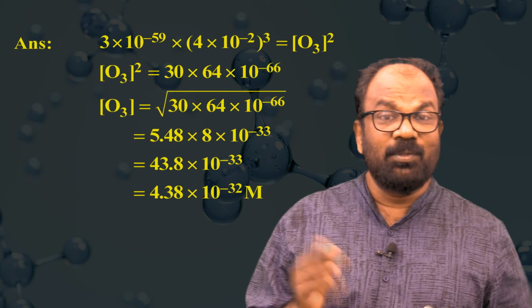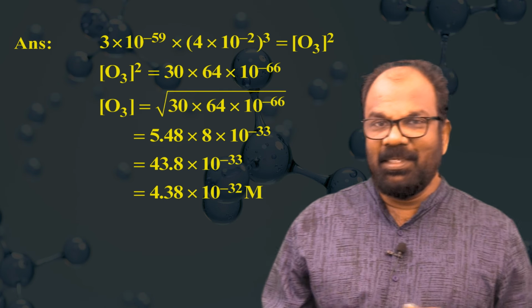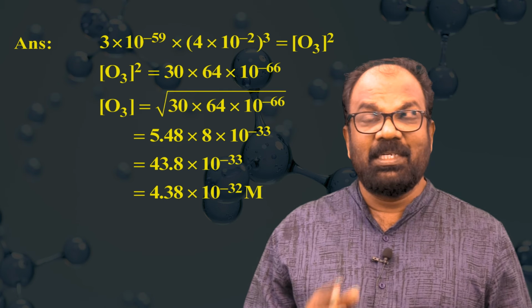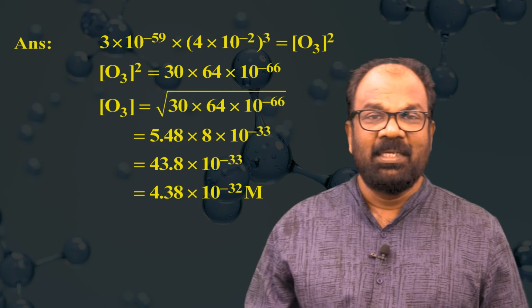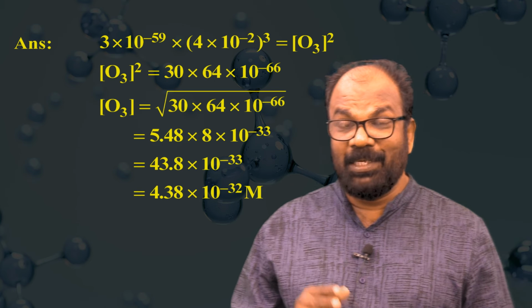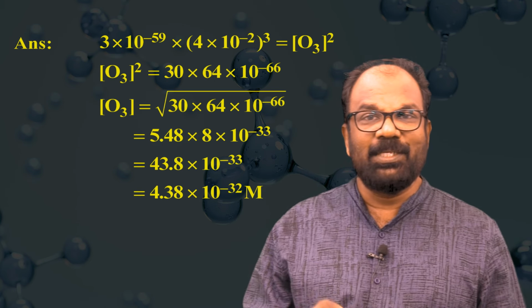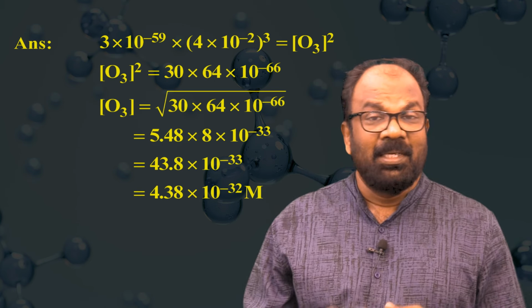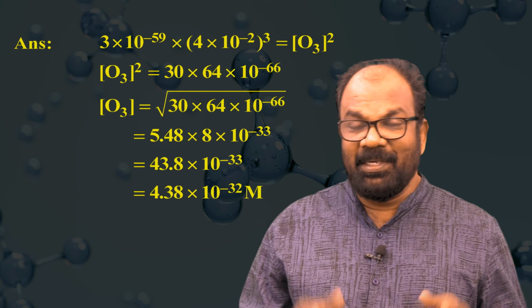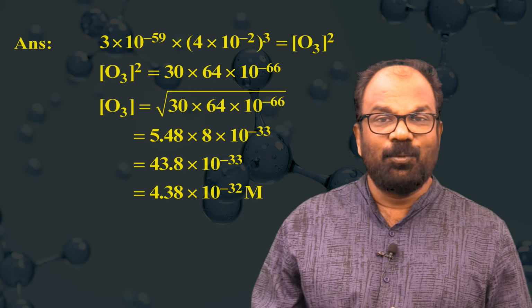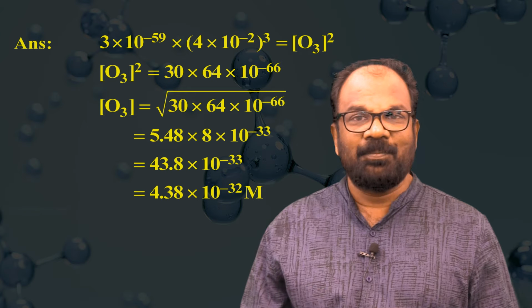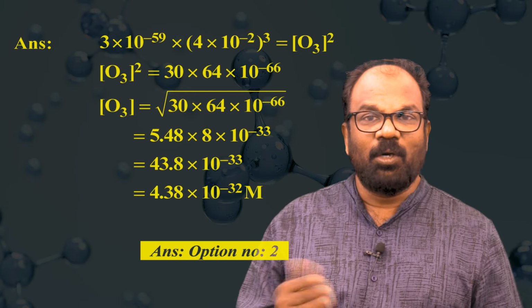So concentration of O3 is equal to square root of 30 into 64 into 10 raised to minus 66. That is equal to 5.48 into 8 into 10 raised to minus 33. By calculating this, we will get the final answer 4.38 into 10 raised to minus 32 molar. So here the answer is option number 2.